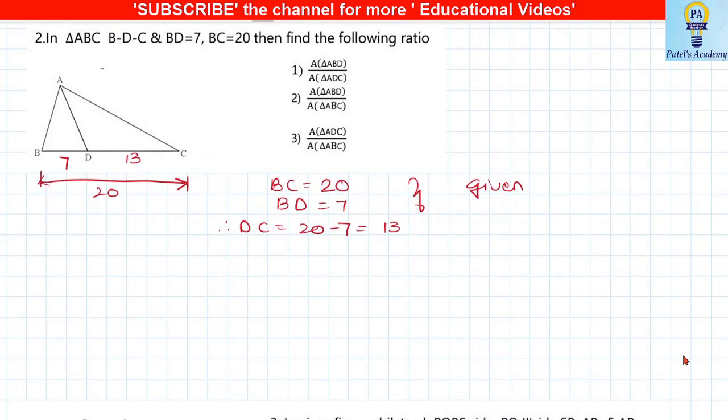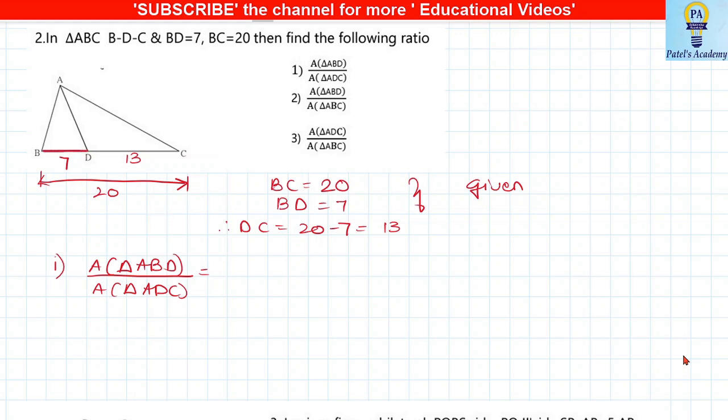So let's see the first one. Area of triangle ABD upon area of triangle ADC. Now look at the figure. I'm talking about area of triangle ABD. So when I take area of triangle ABD, the base is BD.